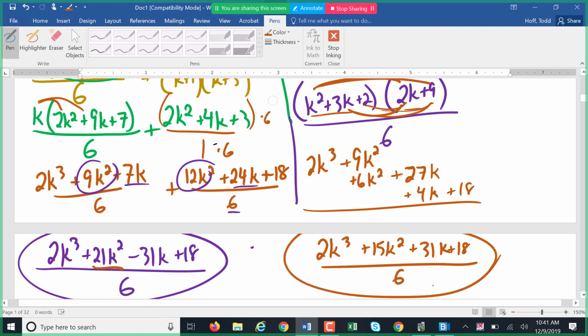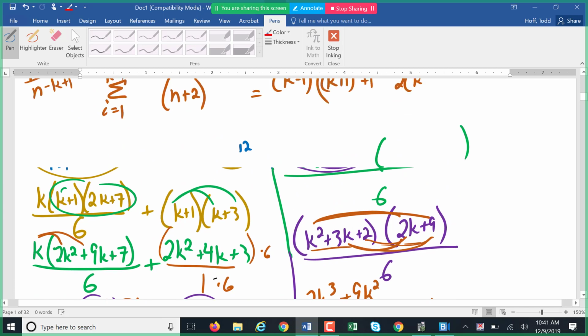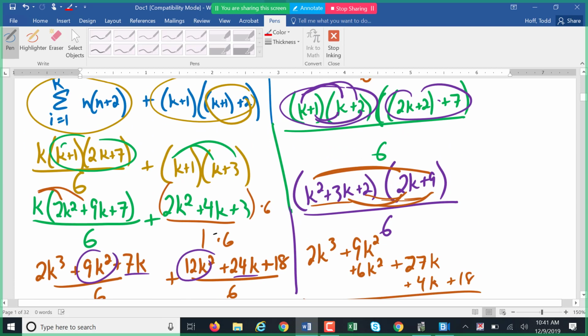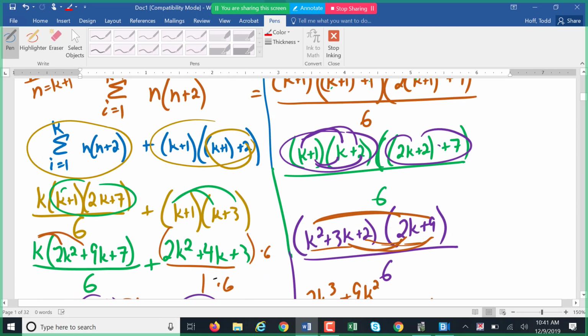So we're off there. Everything looks the same except for the 21k squared and the 15k squared. So let's look back and see where we made a mistake there. Hopefully it's an obvious one. Oh, here it is right here. I wrote that as, nope, that's right. 2k plus 7, right? Yep. So that is right.